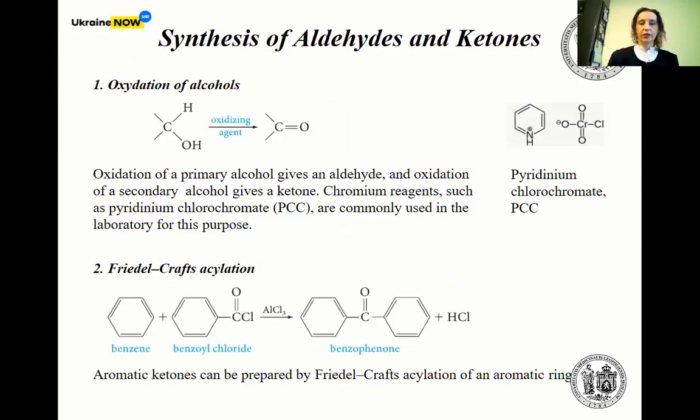So how can we synthesize aldehydes and ketones? Some methods are familiar to you. For example, oxidation of alcohols. Depending on the position of the hydroxy group, aldehydes are obtained if it is a primary alcohol, or ketones if it is a secondary alcohol.